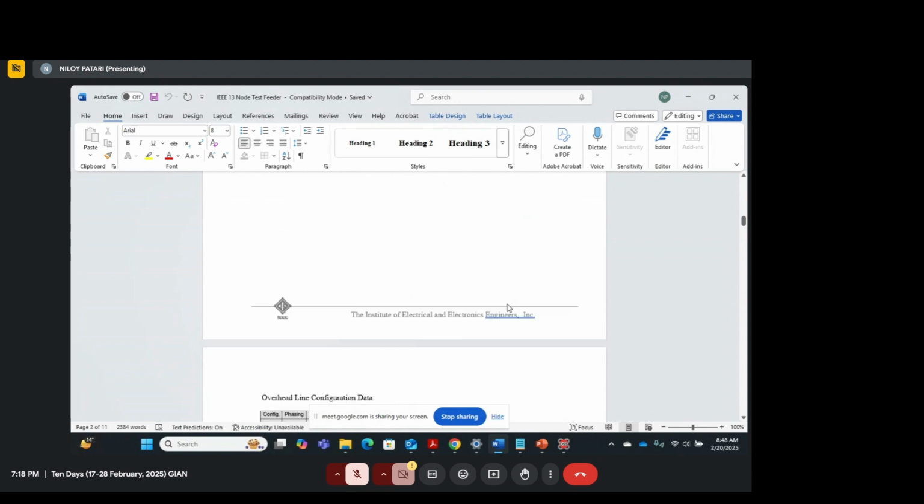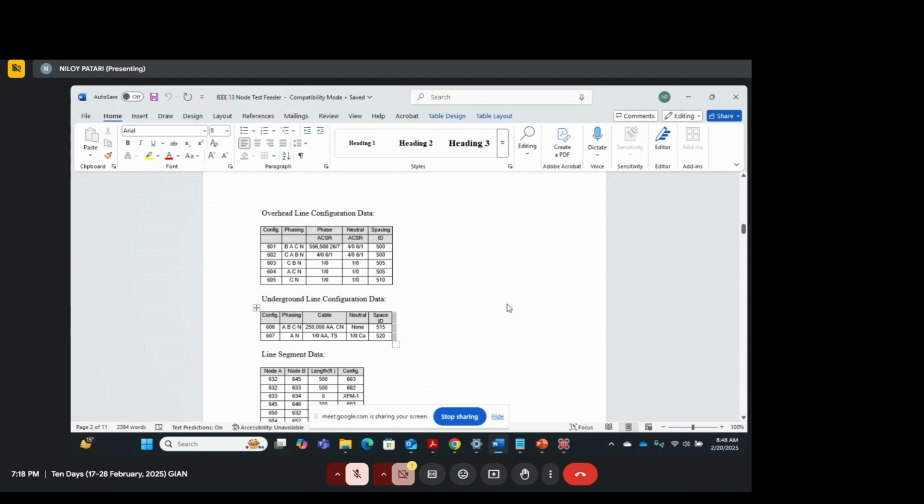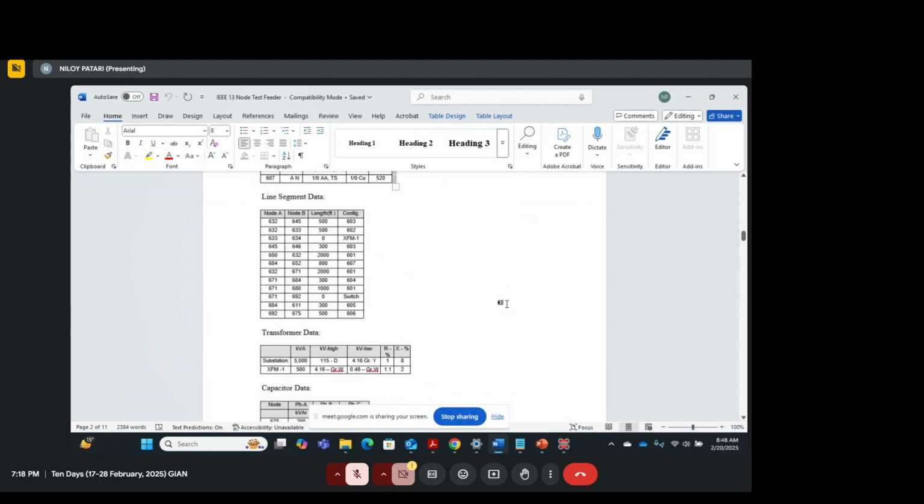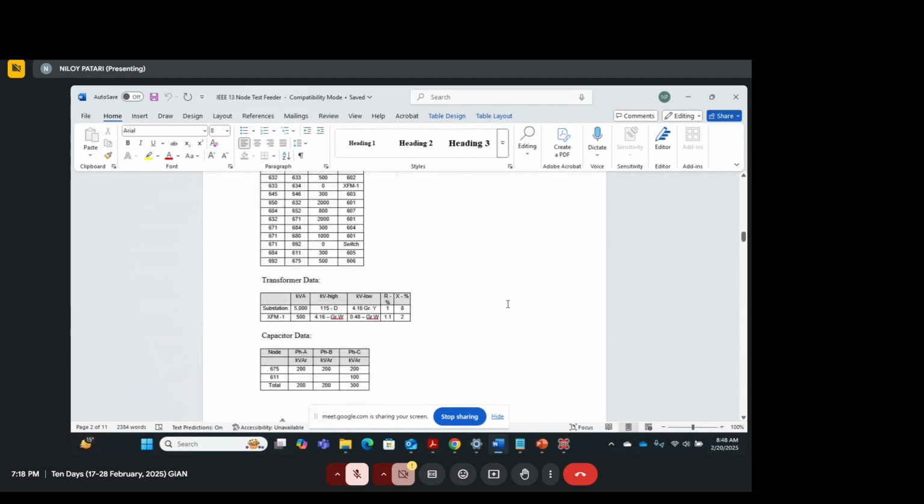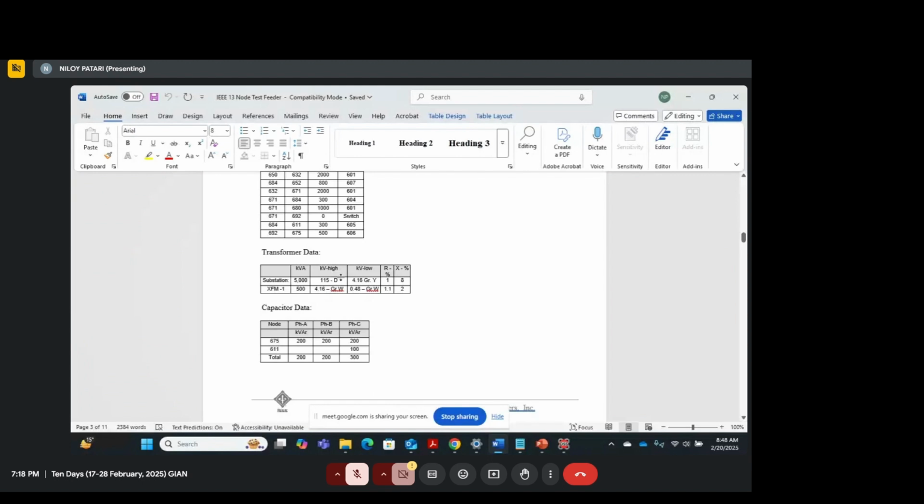These two transformers are explained: the high voltage rated value, low voltage rated value, R and X percentages and everything. And it says it's in delta, and the substation secondary side is in Y formation, star formation. So all of this is written.